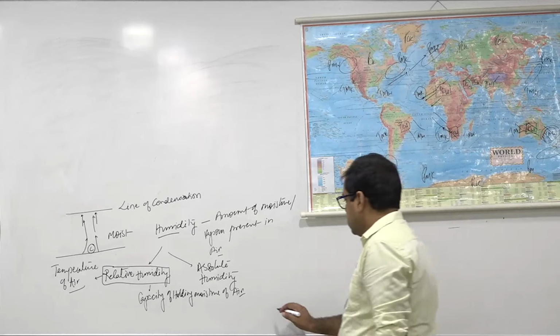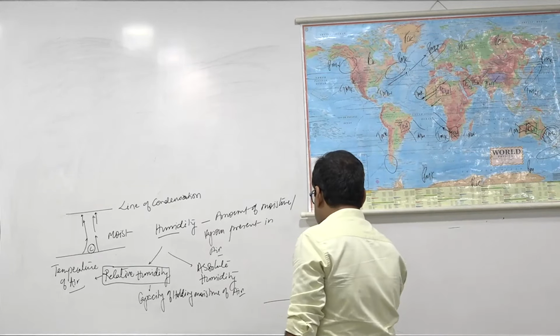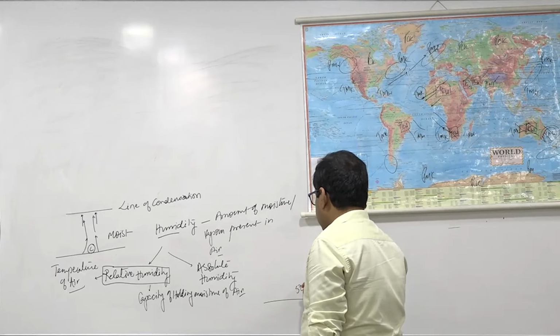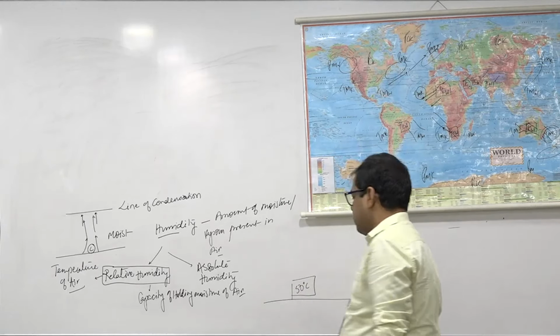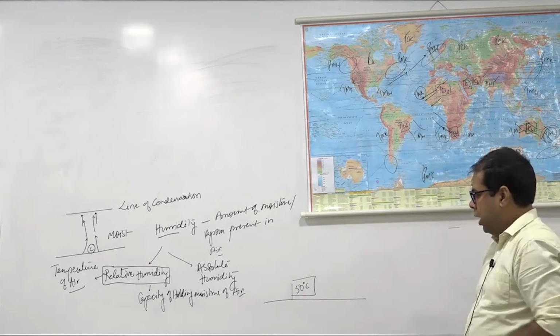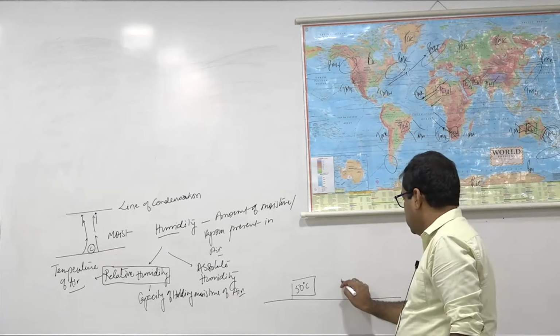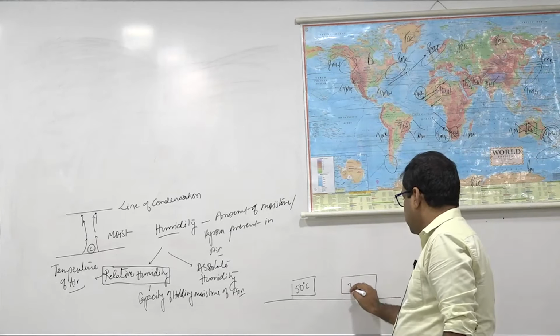For example, the area has 50 degree Celsius temperature and another area has a temperature of about 30 degrees Celsius.